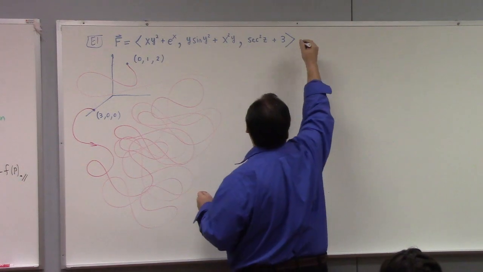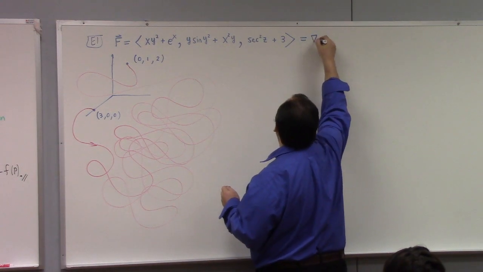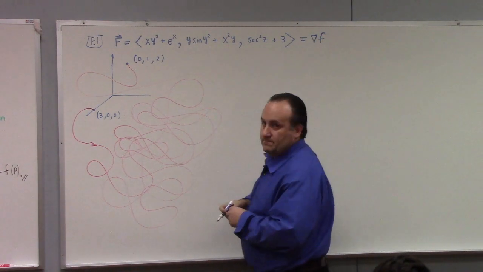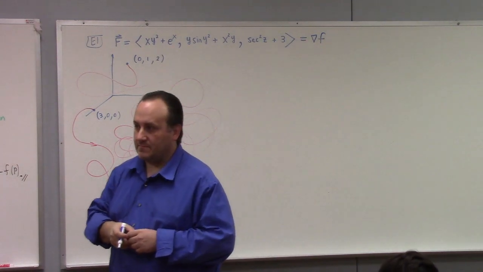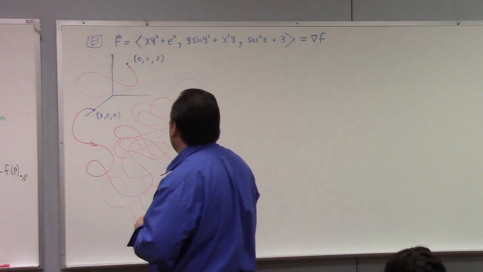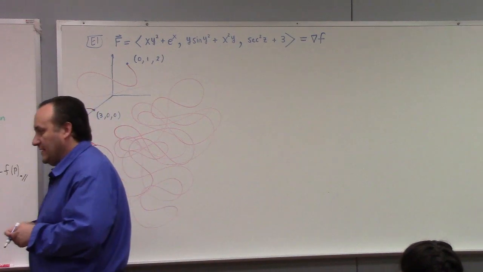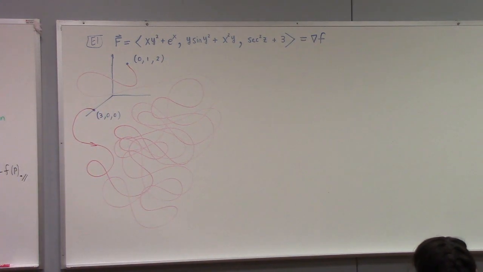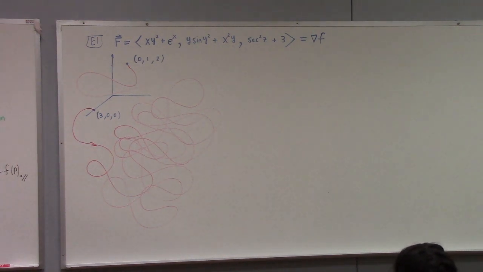So the question is, is this equal to the gradient of a potential function, right? Now, we could go through the rigmarole we went through before, where you could write down partial f partial x equals the first component, partial f partial y equals the second component, partial f partial z equals the third component. But let me tell you a secret. Once you know things, you guess.